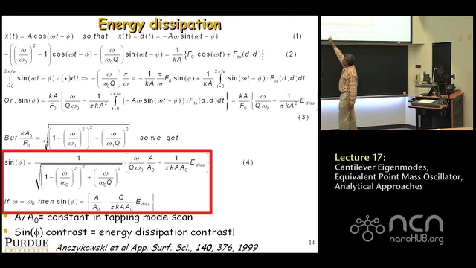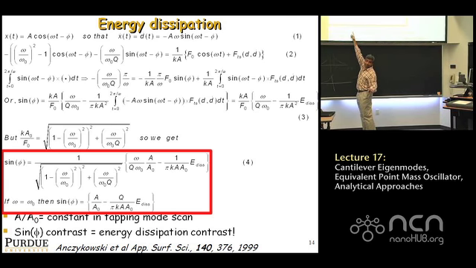Which means that if you see contrasts in sine of phase over the sample, they must be due to different E-dissipation. Everyone with me on that? So wherever the sine of phase lag decreases, that corresponds to increased E-dis.